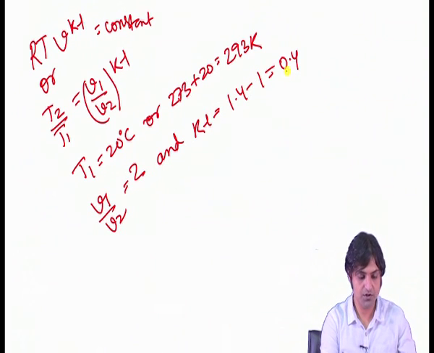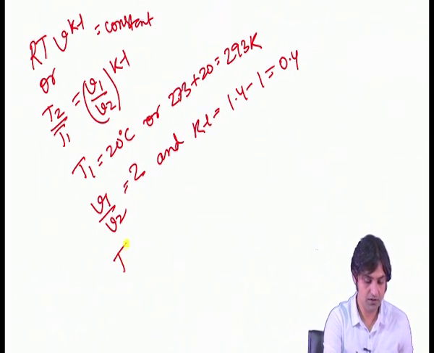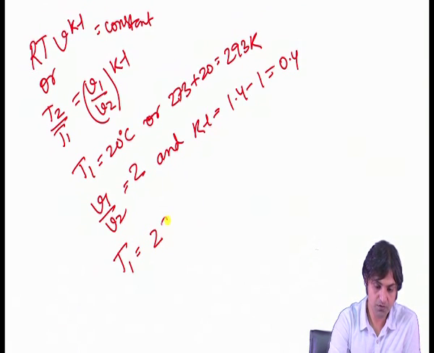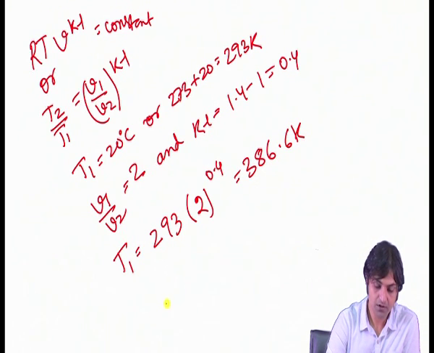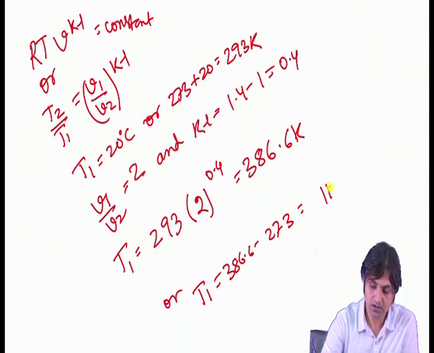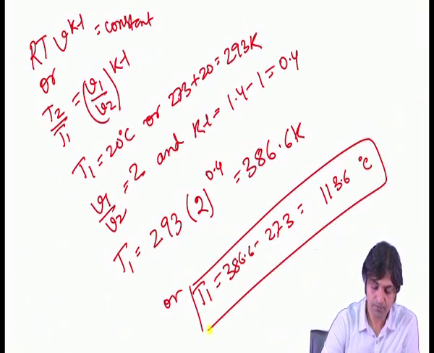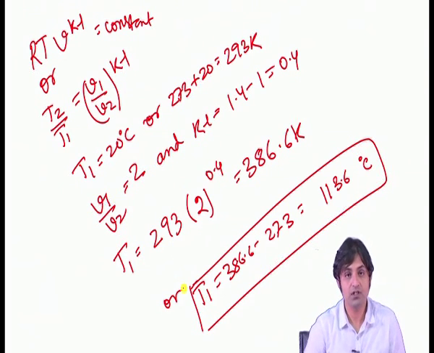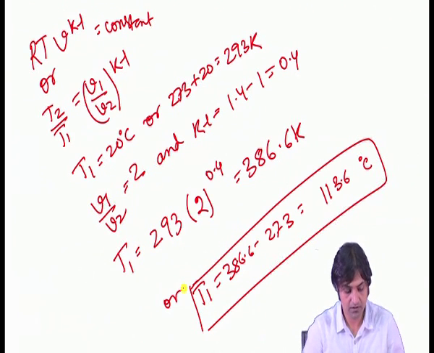So on substituting these values, we can get T2 is equal to 293 into 2 to the power 0.4, or 386.6 Kelvin, or T2 is 386.6 minus 273, that is 113.6 degrees Celsius. So this is the temperature that we have got in case of isentropic process.